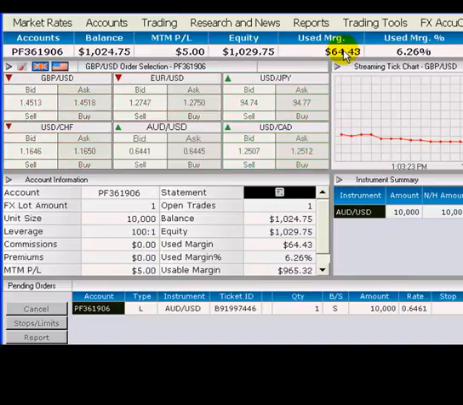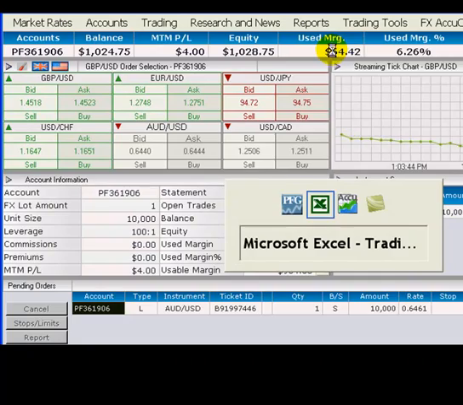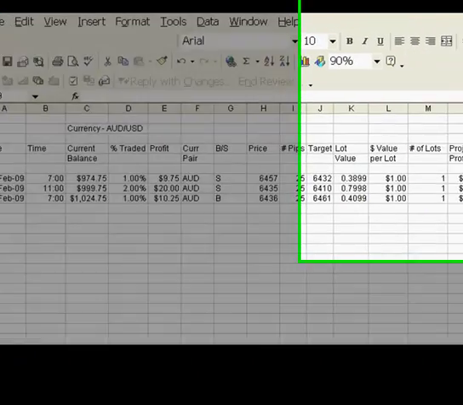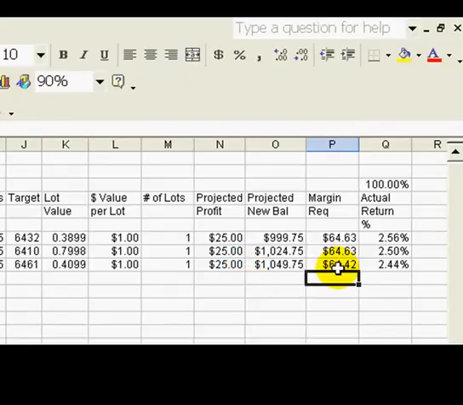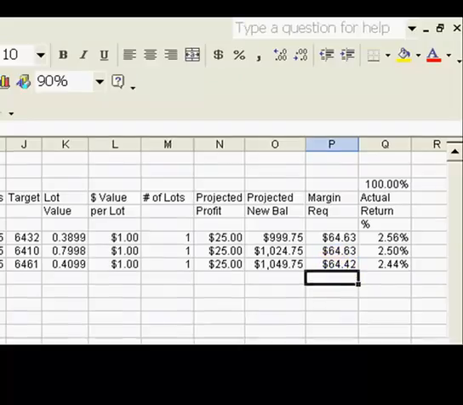There's our balance there at 1,024.75, and this is a live account. So 64.42 is how much we had to put up. Let me go back to that spreadsheet, 64.42. That just gives me an indication of how much money I need to put up on this trade. All right, going back to the charts.